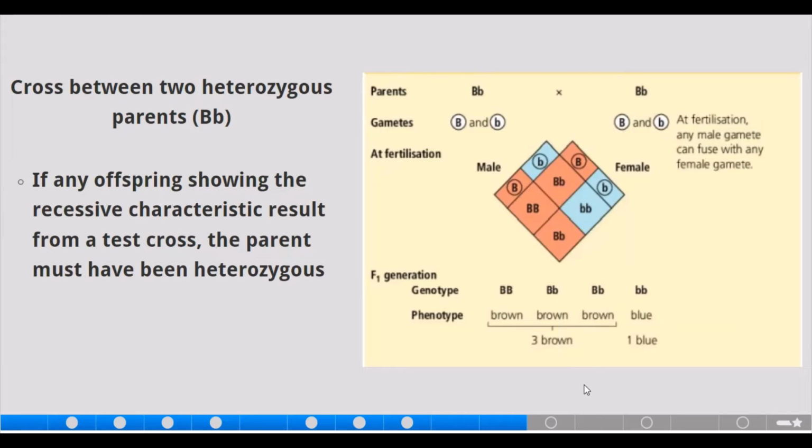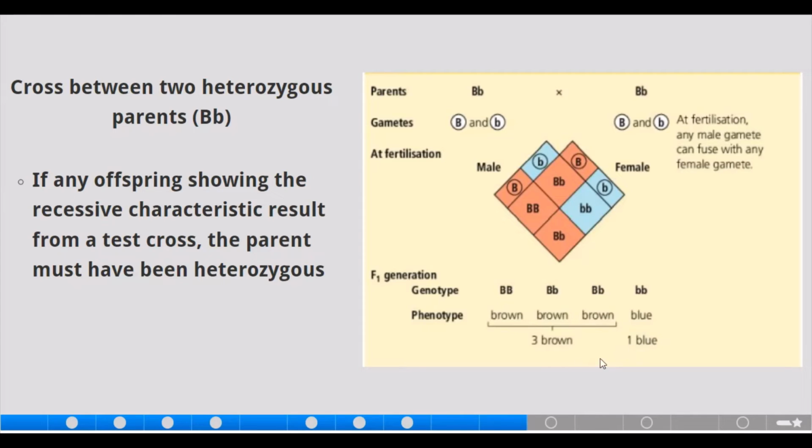This slide is showing us a cross between two heterozygous parents. Both are showing dominant traits for brown, but with a recessive trait for blue. So, if any offspring showing the recessive characteristic result from a test cross, then the parents must have been heterozygous.